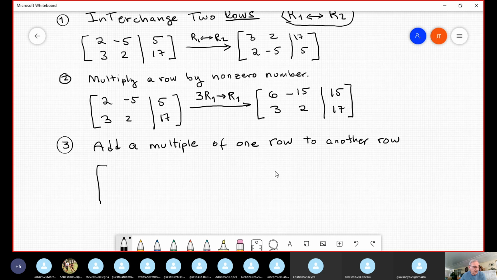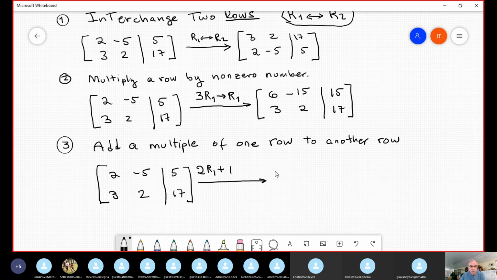Don't worry, I want to explain it. We continue doing the same example: 3, 2, 17, and 5. I want to perform this row operation. Look at that: 2R1 plus R2, stored in R2.